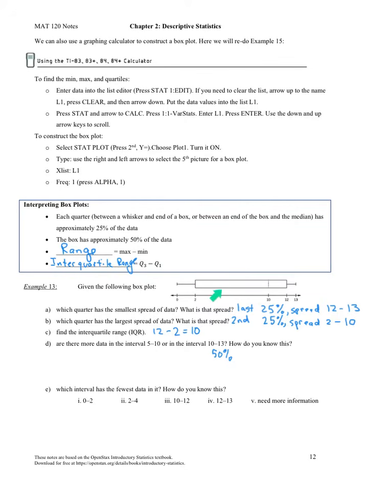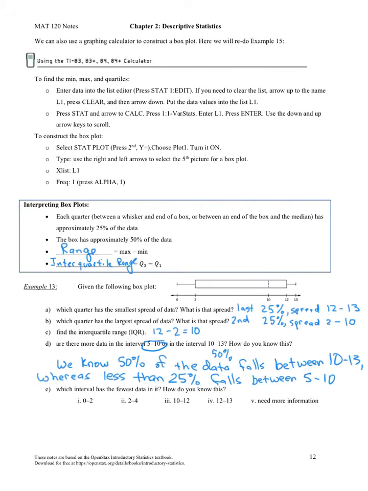So certainly 5 to 10 will be much less than 25%, which is smaller than 50%. So there is more data in the interval from 10 to 13 because we know 50% of our data falls between 10 to 13, whereas less than 25% of the data falls between 5 and 10.